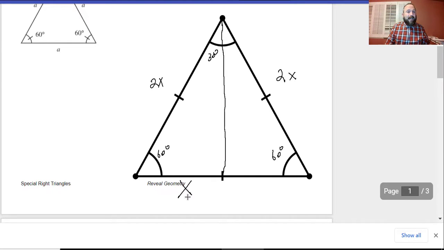So now I can just figure out what this is equal to. I know that the hypotenuse squared is equal to, I'm going to call this a leg, squared plus x squared. First, let's go back and fill it in. My short side is x. My hypotenuse is 2x.